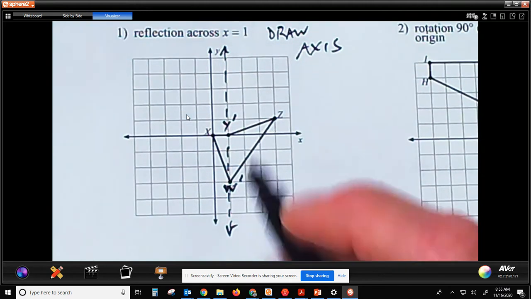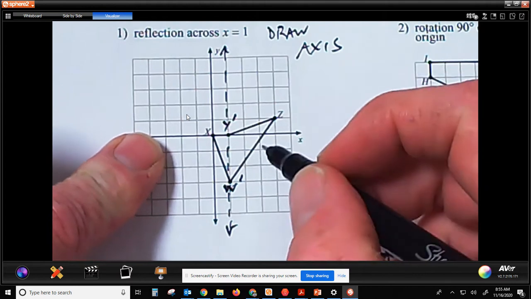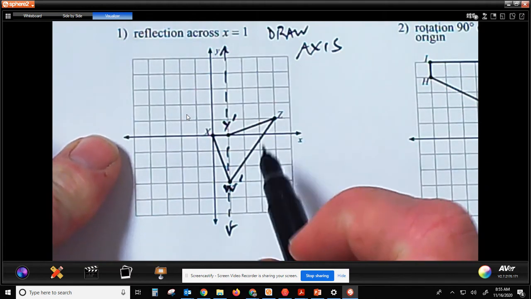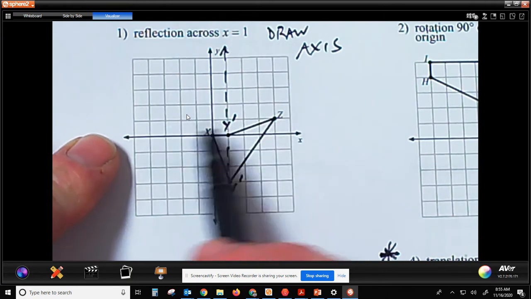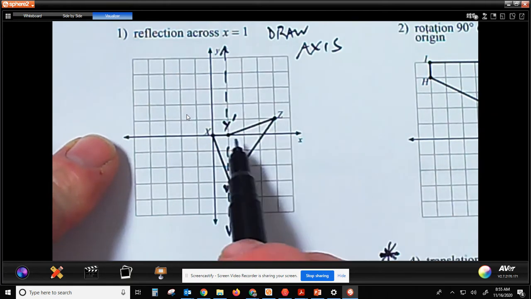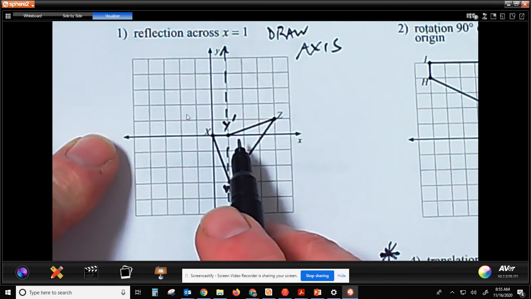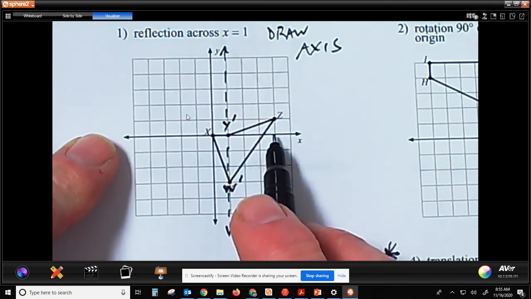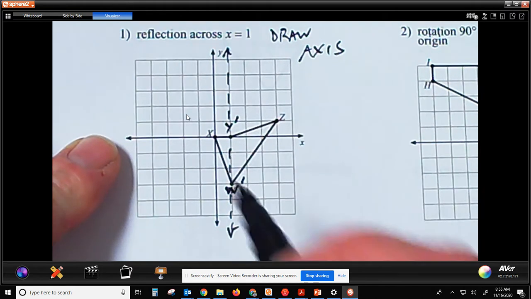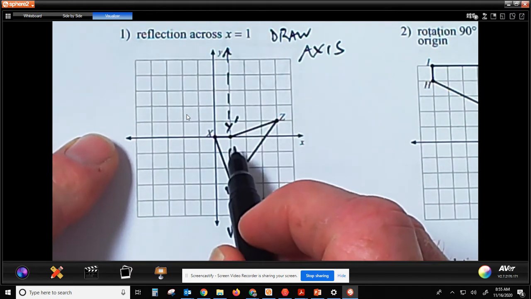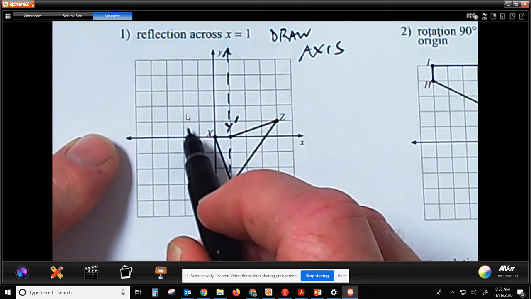Here's the short and sweet version of how to get by with these. I want to move z in a reflection like it's in a mirror to the left. So I'm going to count where it is. It's over 1, 2, 3, 3 to the right, up 1. So I'm going to go 3 to the left and up 1. 1, 2, 3, up 1.